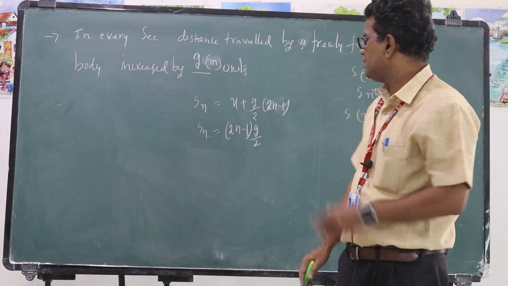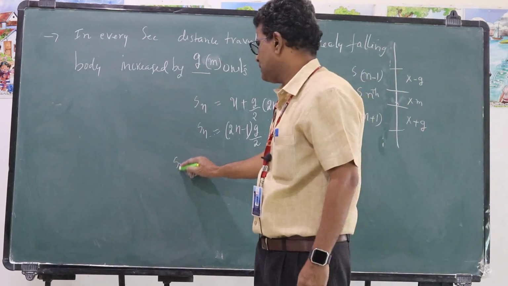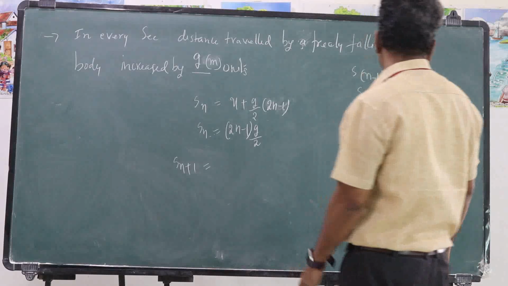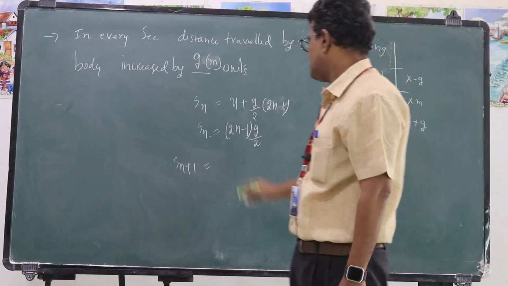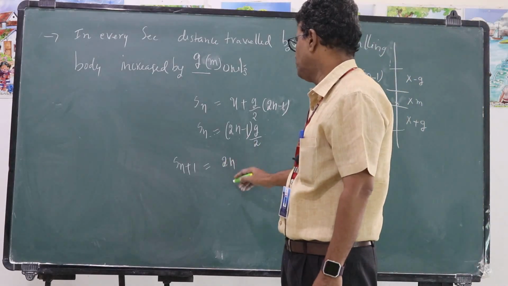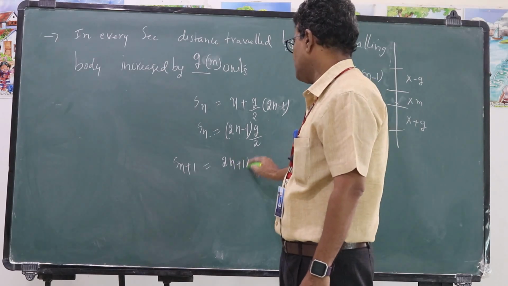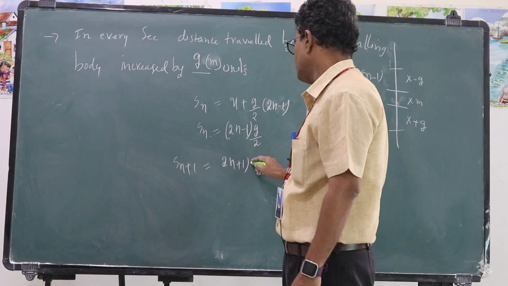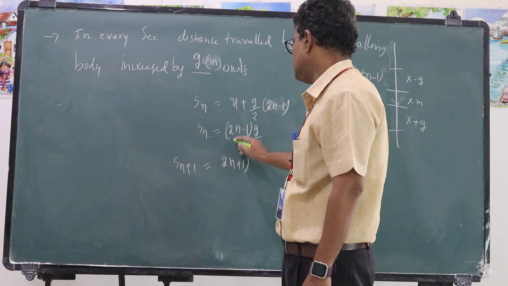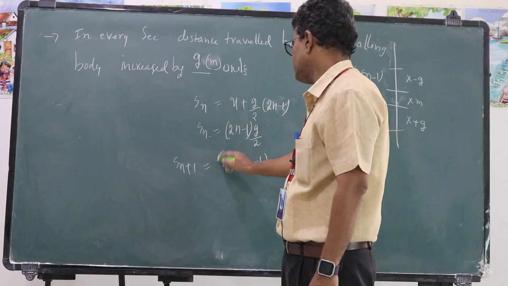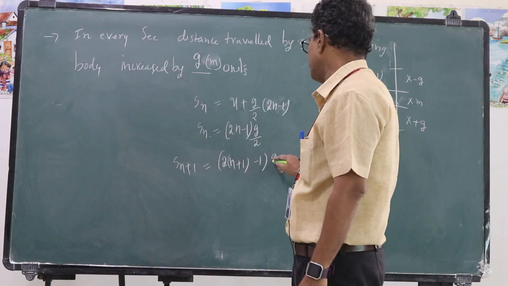Now Sn plus 1: how much? You substitute n plus 1 instead of n, so it is 2 into n plus 1 minus 1, into g by 2.